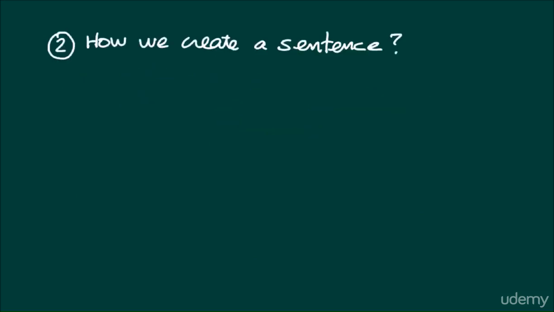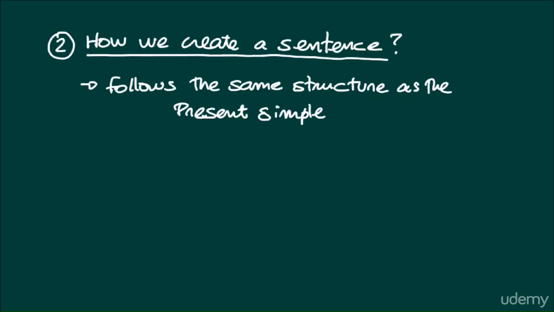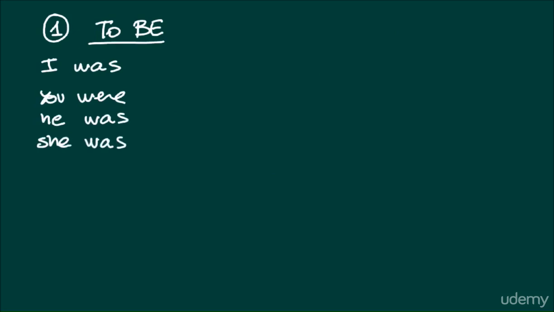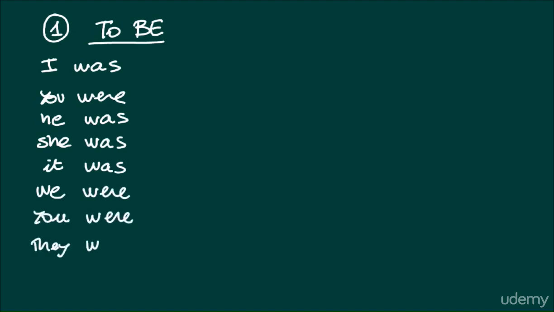2. Now let's see how we create a sentence in the past simple. The past simple follows the same structure as the present simple. There are three groups. 1. If we want to use the verb to be, then we say, I was, you were, he was, she was, it was, we were, they were.